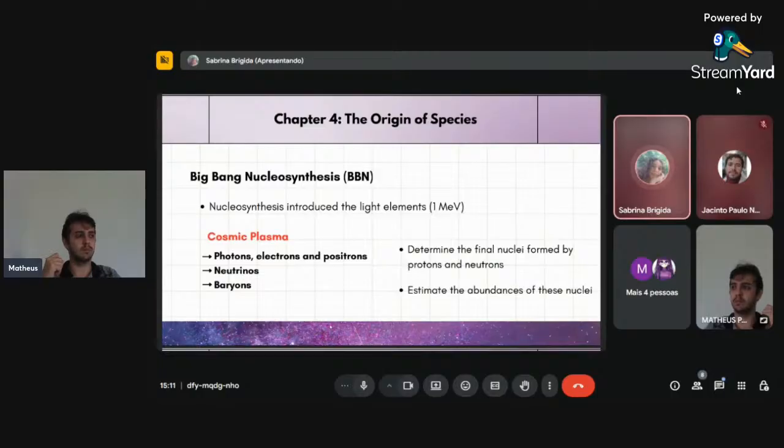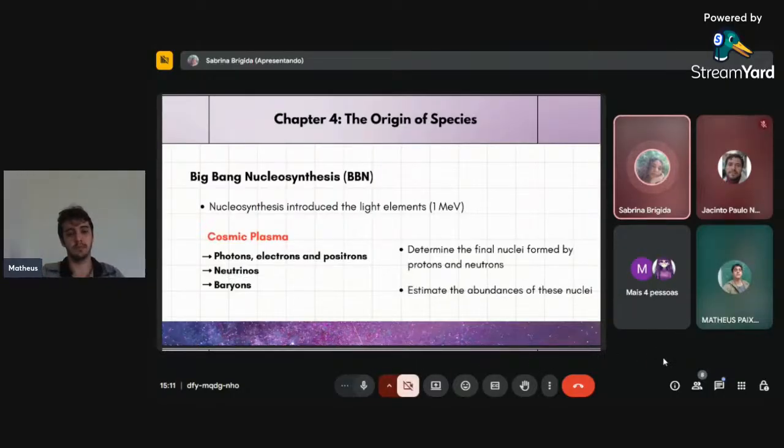It happened when the temperature of the universe was about 1 MeV, as the universe cooled. At this point, the cosmic plasma was made of relativistic particles like photons, electrons, and positrons, of decoupled particles like the neutrinos, and of non-relativistic particles like the baryons.